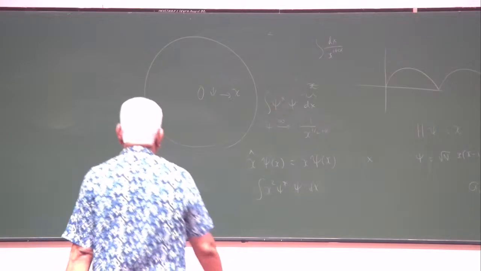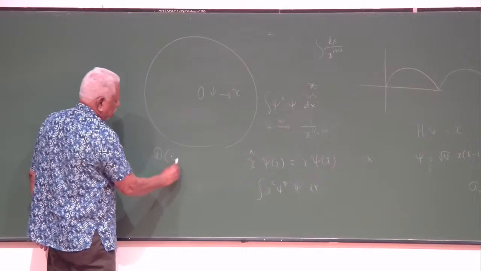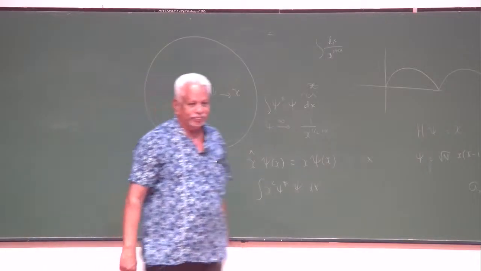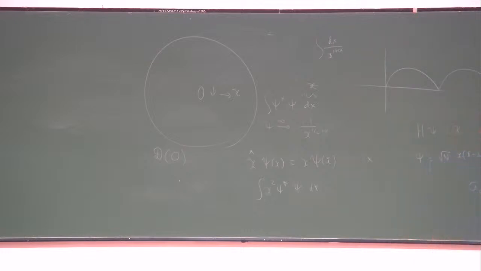That subset is called the domain of that operator. It is the set of vectors on which, if the operator acts, the result will not go outside the Hilbert space. So, this is a problem whenever you have infinite dimensional vector spaces.